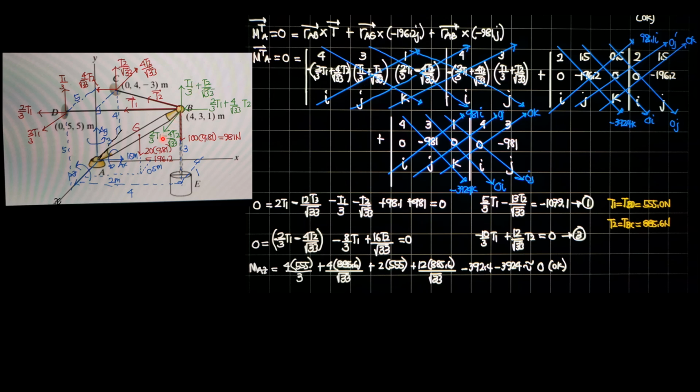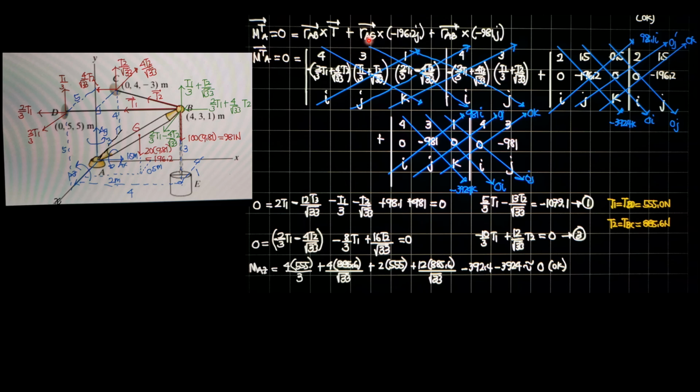And for the z component, 2/3 of T1, then minus 4 T2 over square root of 33. Then i, j, k, copy the elements of the first two columns, 4, 3, then negative 2/3 T1 plus 4 over square root of 33, and this component here copied, then i, j.